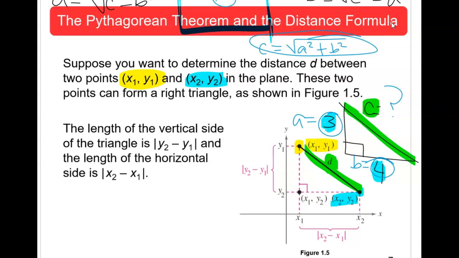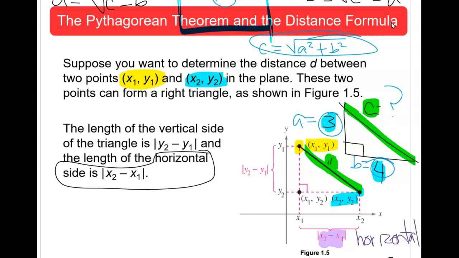To find the horizontal distance and the vertical distance, we take the difference of the horizontal coordinates, right? And that's why we have a minus. The difference will be x sub 2 minus x sub 1, and that will give us the horizontal distance.